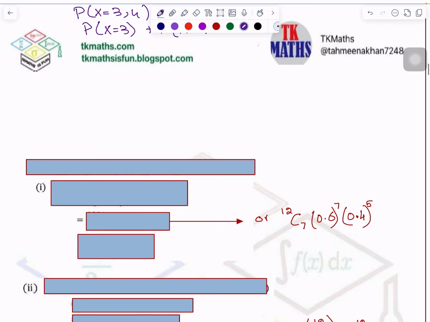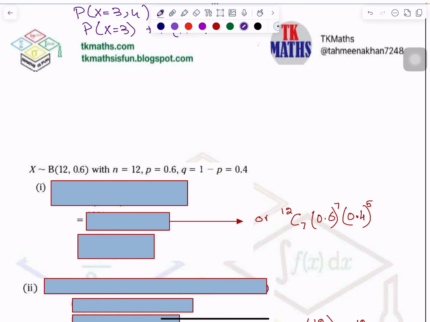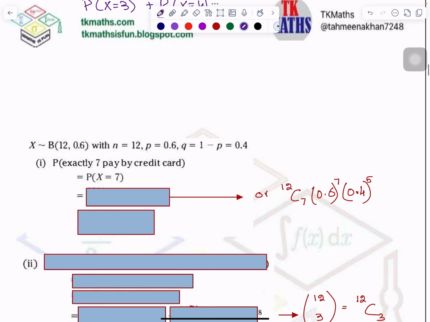So let's see here. You will have 1 question or 2 questions in the exam, so please try to write each and every step. I usually write like this in the MF19. It will be given to you like this formula, so it is written in both ways. So you should understand what it means.